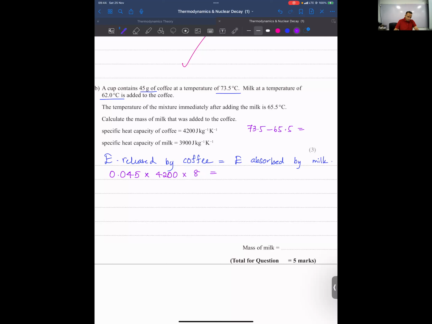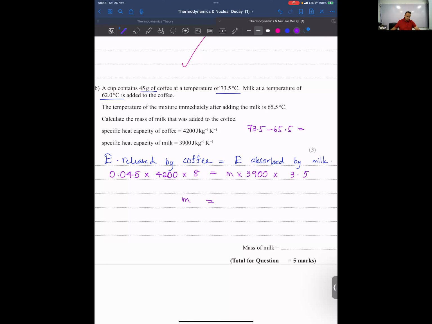And the energy absorbed by the milk will be mcΔθ. m is what we want. Specific heat capacity of milk is 3,900. Delta theta for milk: the temperature is increasing from 62 to 65.5, 3.5 degrees Celsius. Correct?